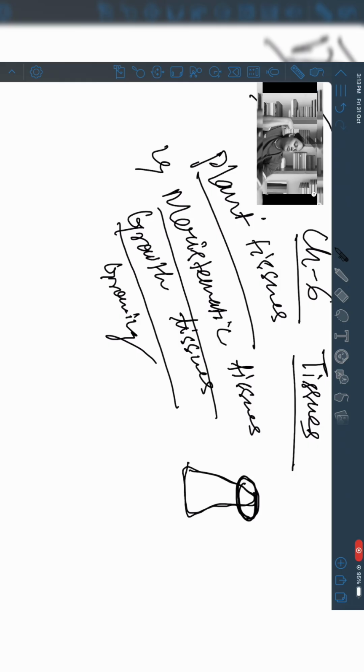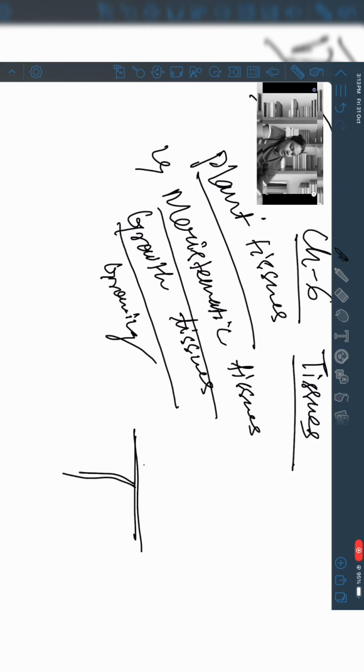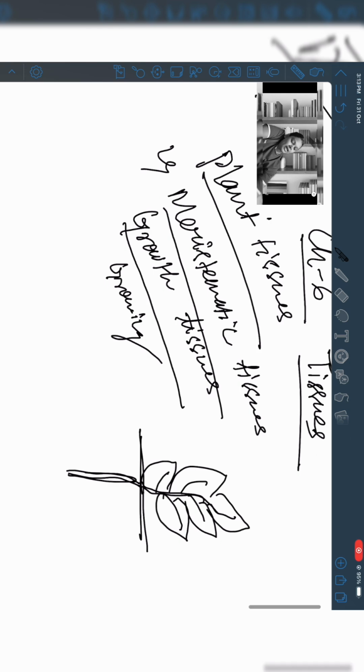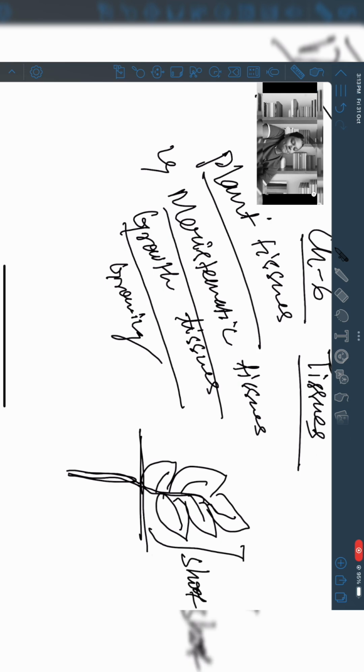Root hairs. So the meristematic tissues are present at the apex. I'm not using any other color, but I hope you will understand. These are the regions where the meristematic tissues are present. And as they are present at the tip, hence they're called apical meristematic tissues. I hope you're clear.